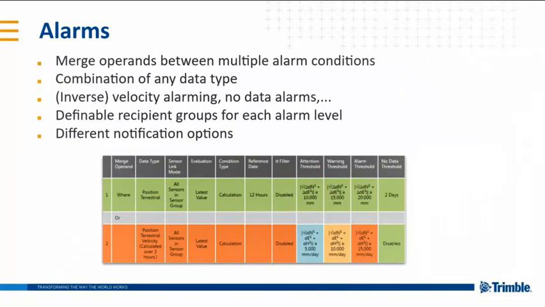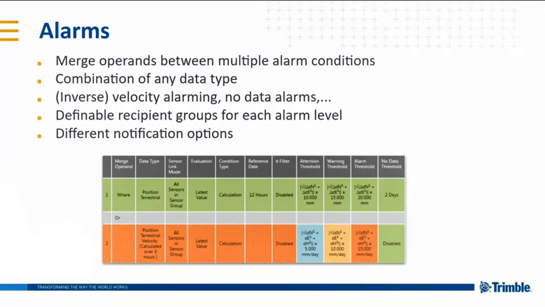You can also configure all sorts of alarms using information from different sensor types, like combining prism information with temperature or pressure or GNSS data, and you can also define a lot of different alarm conditions.